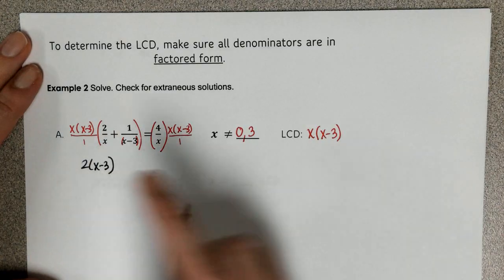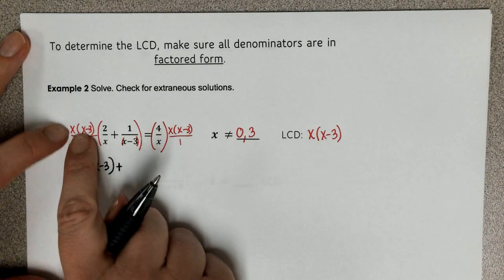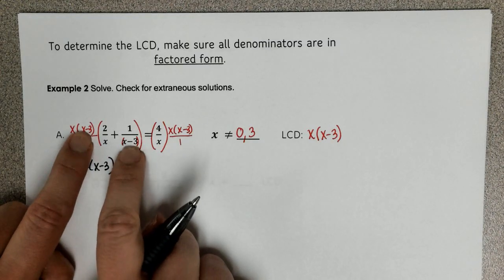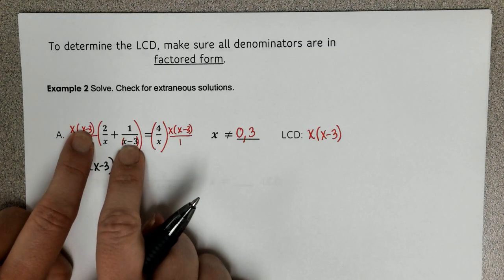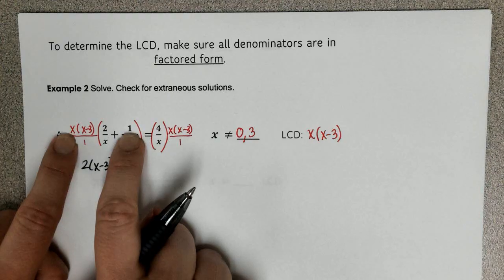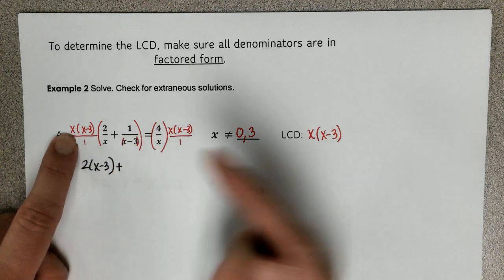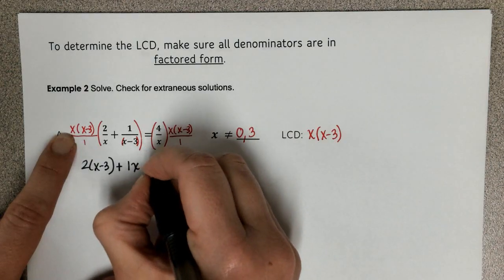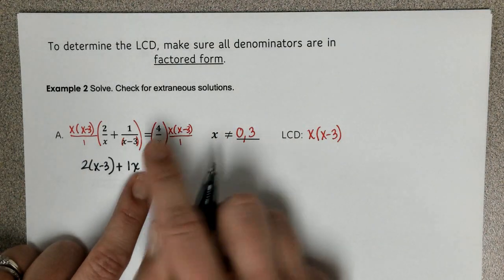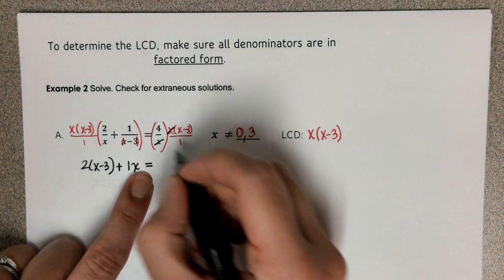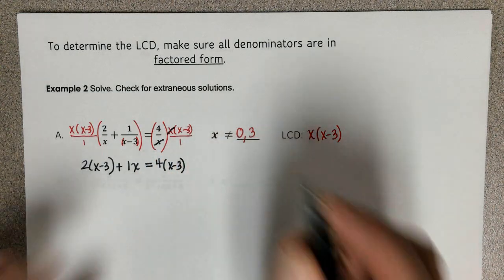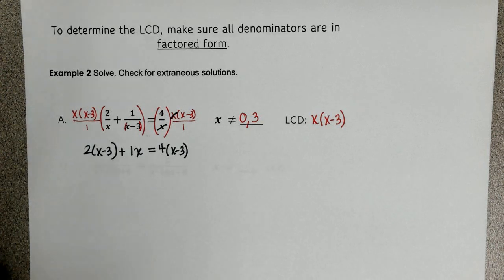Okay, and then when I multiply the LCD by the second fraction, the x minus 3 factors will cancel, leaving me with 1 times x, or just 1x, or x. And on the right side, my single factors of x will cancel, leaving me with just 4 times x minus 3.